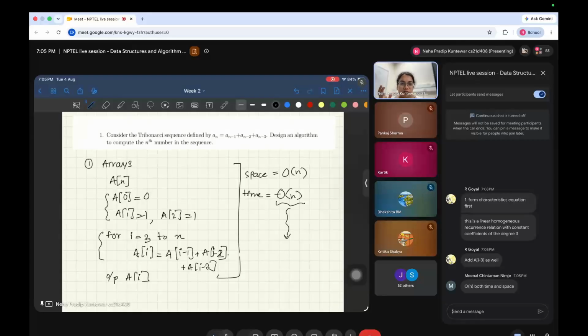Okay, so one suggestion we had was to form an equation. So can you think of an equation similar to the one that you saw for Fibonacci?